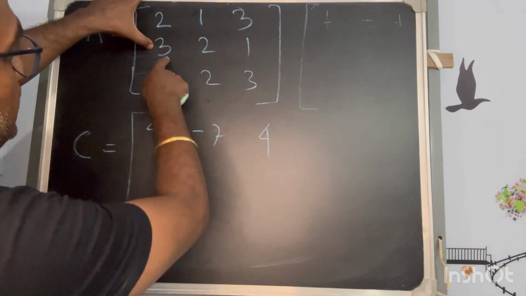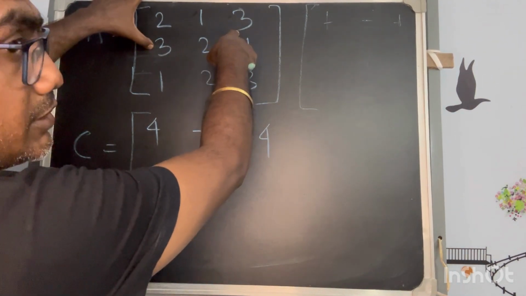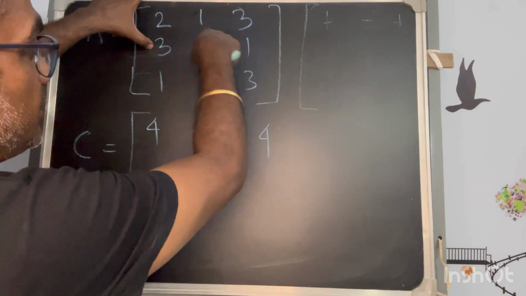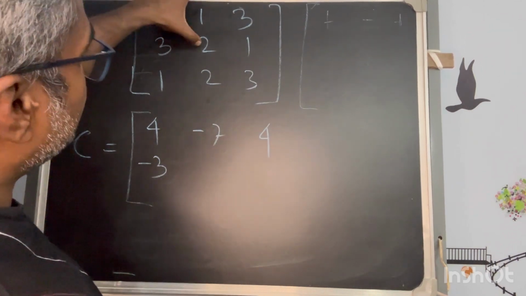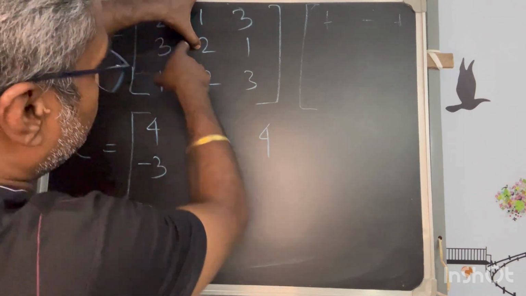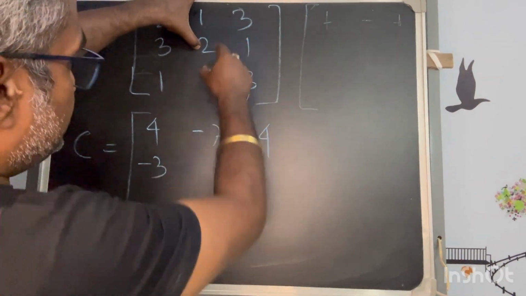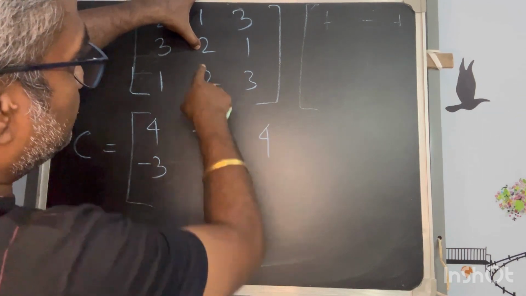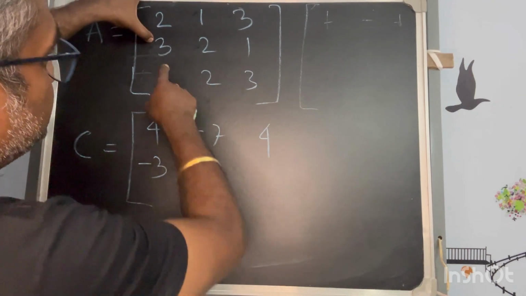For this, 3 into 1 is 3, minus 6, that is minus 3, sign minus. Okay, 2, this will be 2 into 3 is 6, this is 3, so that is equal to 3 again, but sign 3. Check it once.